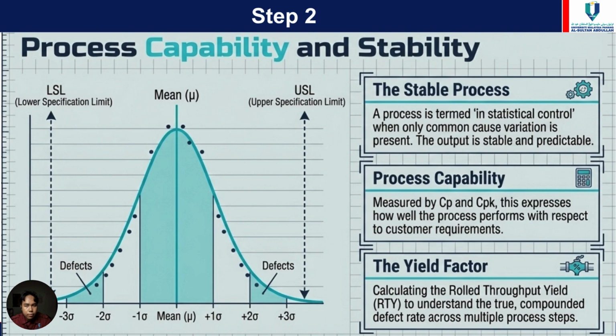The output must be stable and predictable. And then process capability is measured by Cp and Cpk. This expresses how well the process performs with respect to customer requirements. And lastly, the yield factor, where we calculate the rolled throughput yield, RTY, to understand the true compound defect rate across multiple process steps.